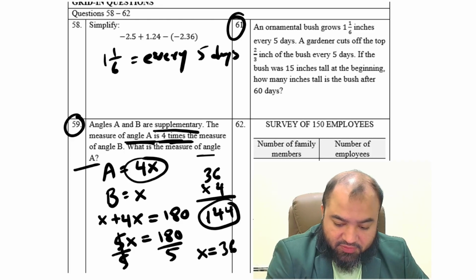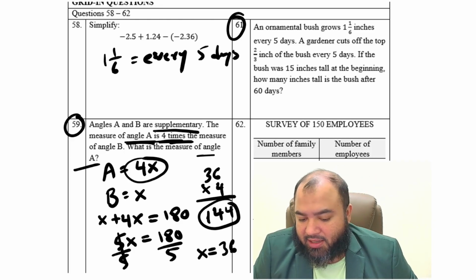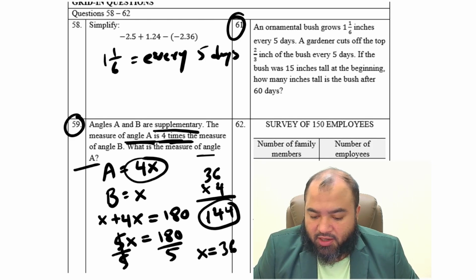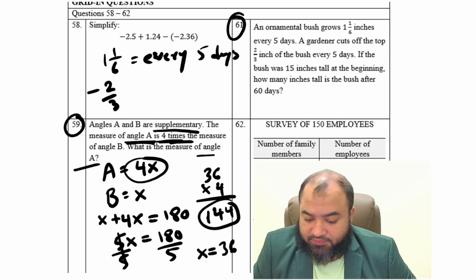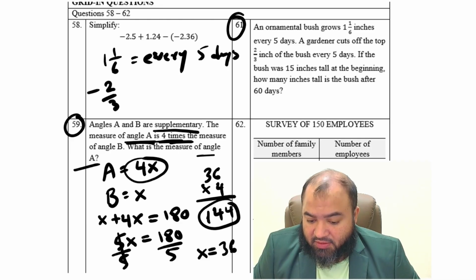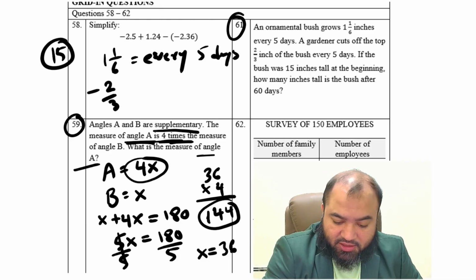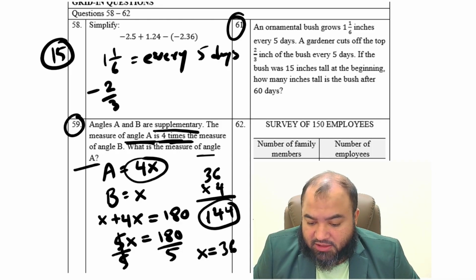Not every day, okay, every 5 days. And the gardener cuts it off 2/3 every 5 days. So minus 2/3, he cuts it off every 5 days. If the bush was 15 inches tall at the beginning, so it was 15 already at the beginning, how many inches tall is the bush after 60 days?